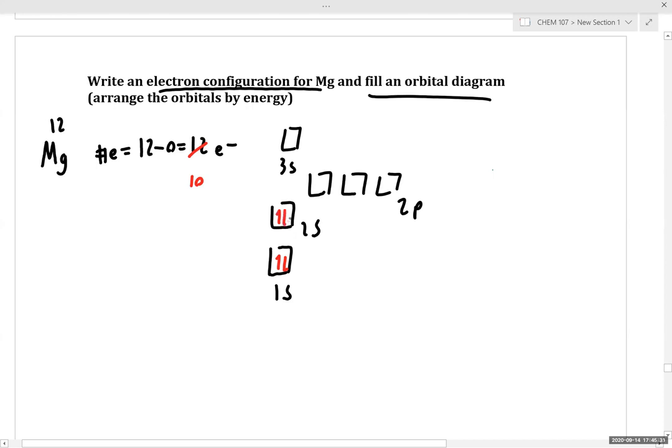We fill our 2s orbital, we have 8 electrons remaining. We fill each of our 2p orbitals, we have 2 electrons remaining. Finally, we fill our 3s orbital and we've used up all of our electrons. Does this example make sense so far?